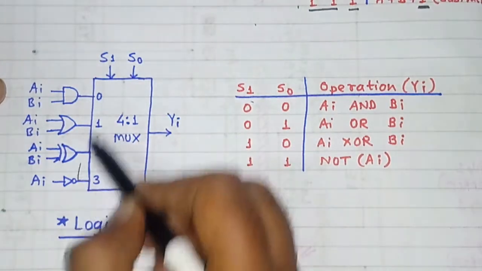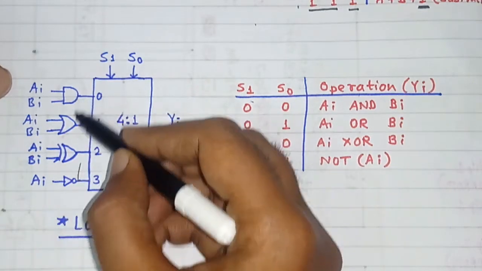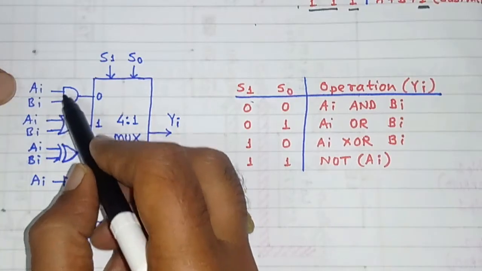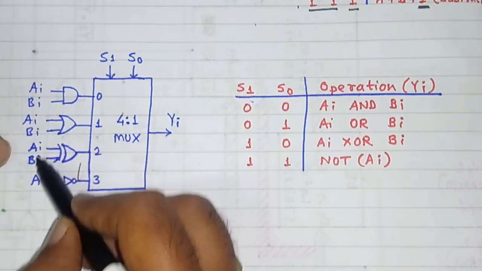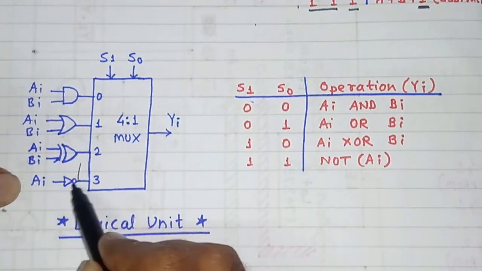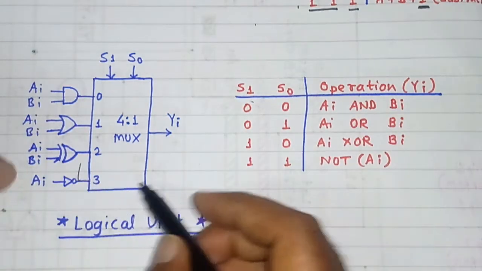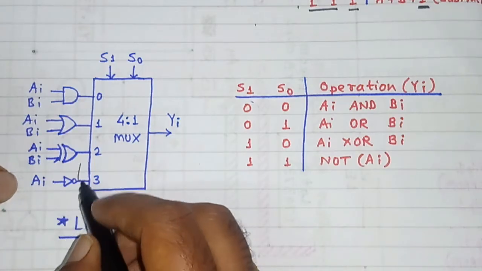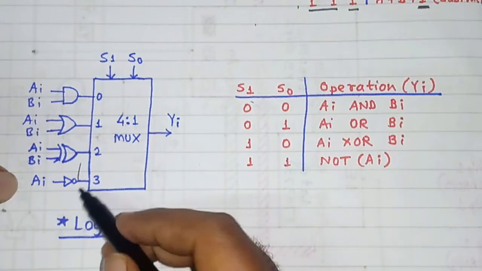Each input is connected to the output of an individual logic gate. Each gate will have the AI and BI inputs, but the 4th input has only the AI complemented version. Only the NOT gate is used here to obtain the complement of AI. We don't use 2 values for the complement operation.